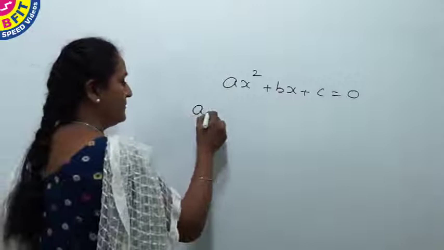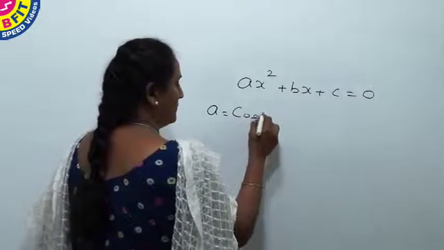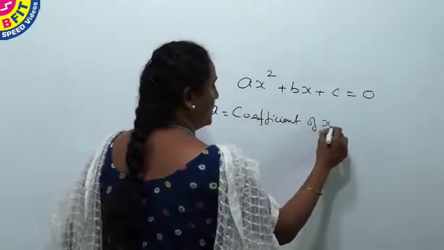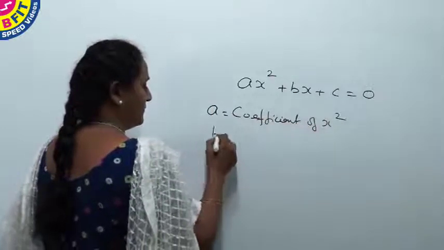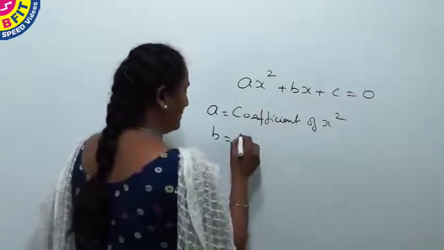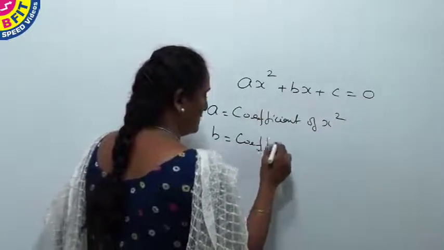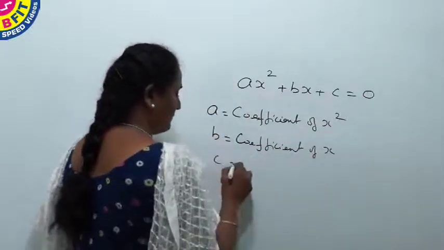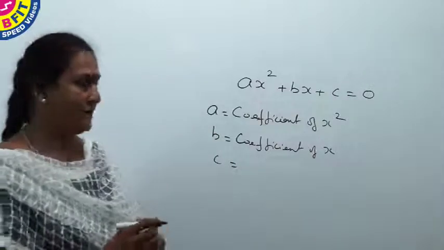So a is the coefficient of x square, b is coefficient of x, and c is the constant term.